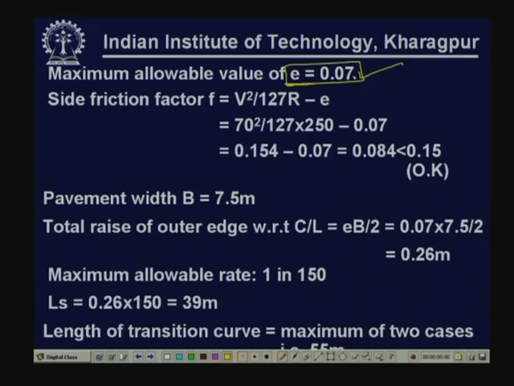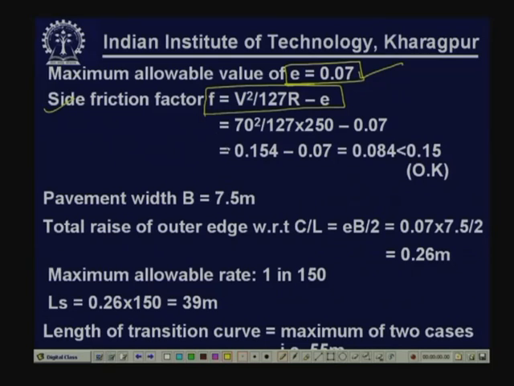So, we have to check it against the side friction factor, taking the original equilibrium equation E plus F equal to V square by 127 R. Earlier we calculated E considering 75% of the design speed. In this case it is V square by 127 R considering the complete design speed.